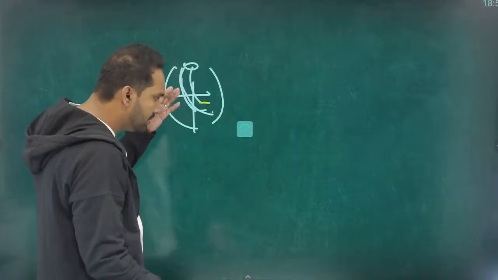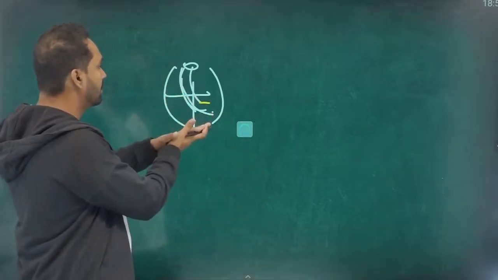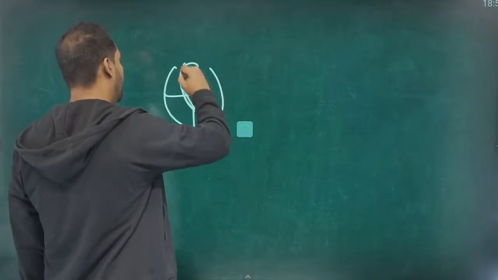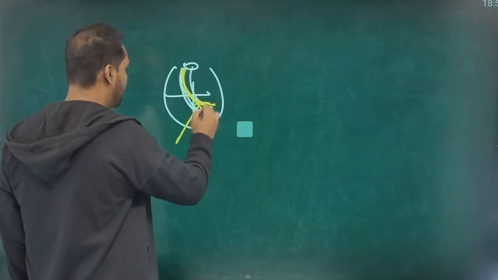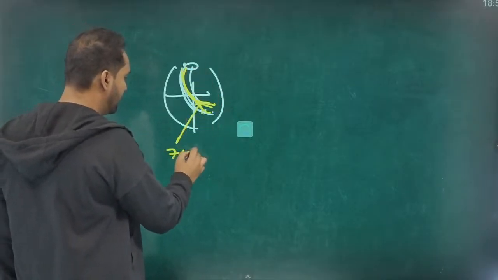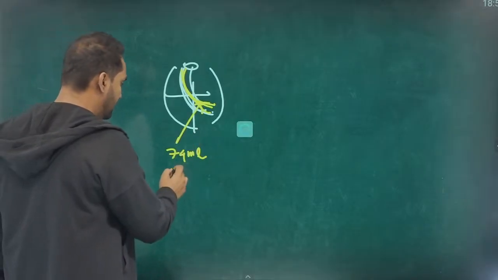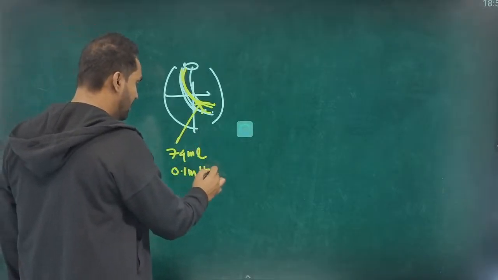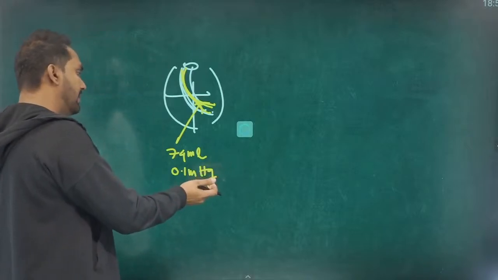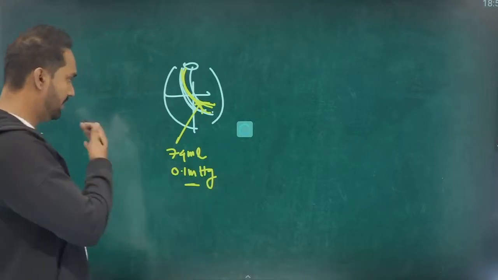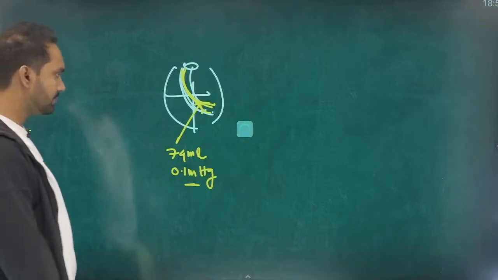Per beat means per compression it is pumping how many milliliters? As it says, it's pumping 74 milliliters of blood, and the pressure is 0.1 meter Hg. So this 74 milliliters is pumped against this much of a pressure, right?